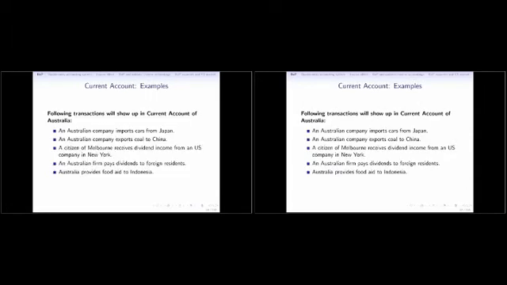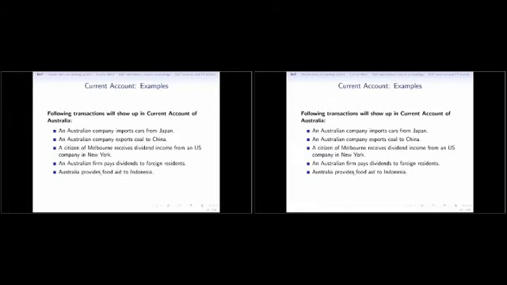All right, and a lot of transactions will qualify for the current account, and here is the list. You can see import and export again, right? A citizen of Australia receives dividend income from the US, or an Australian firm pays dividends to foreigners.